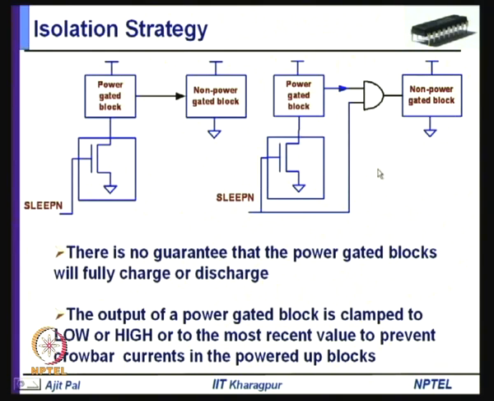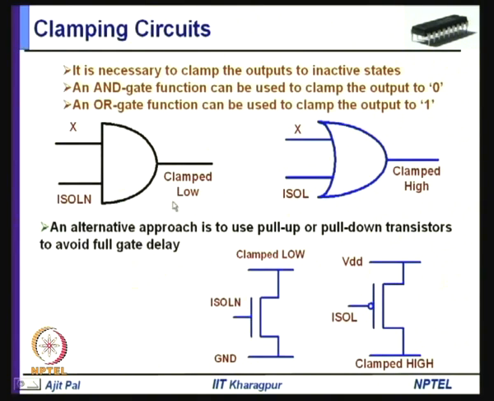So, let us see how it can be done. First of all, it is necessary to clamp the output to an inactive state. An AND gate function can be used to clamp the output to 0 level. So, you can use just an AND gate. This is the output to the non power gated block, and that is the isolation control signal. Here the input is coming from that power gated block, and this output will be clamped low irrespective of this input here.